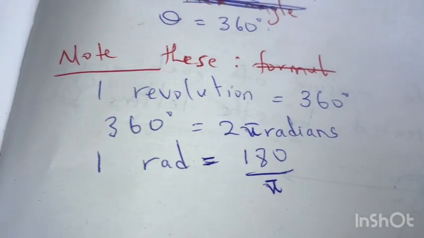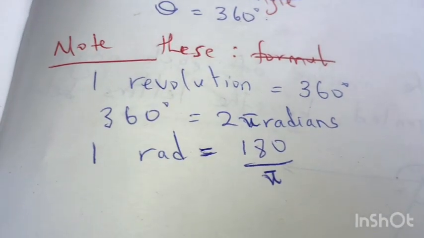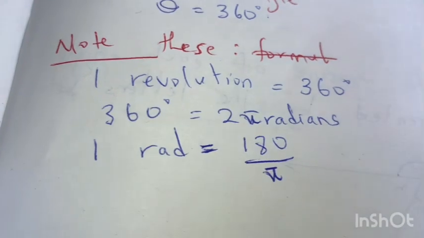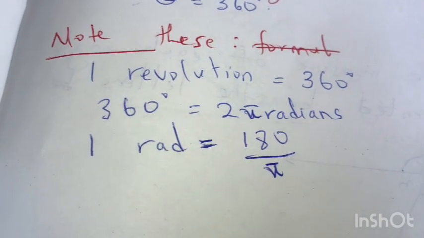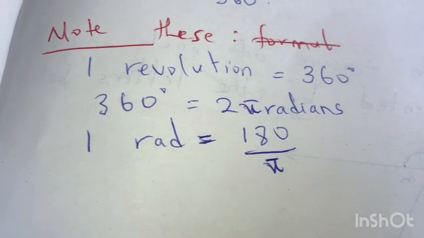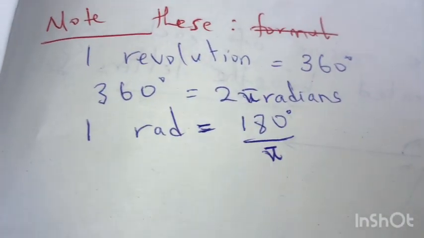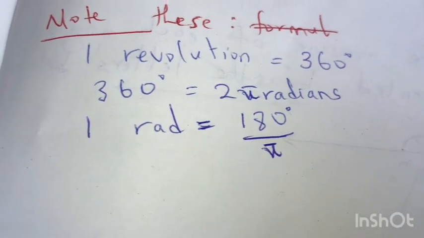Okay, so sometimes when we are converting from degrees to radians, we use something like this. Then 1 radian is equal to 180 over pi. So 1 radian is always equal to 180 degrees over pi. So anytime we are converting, we use these things, then you just convert.